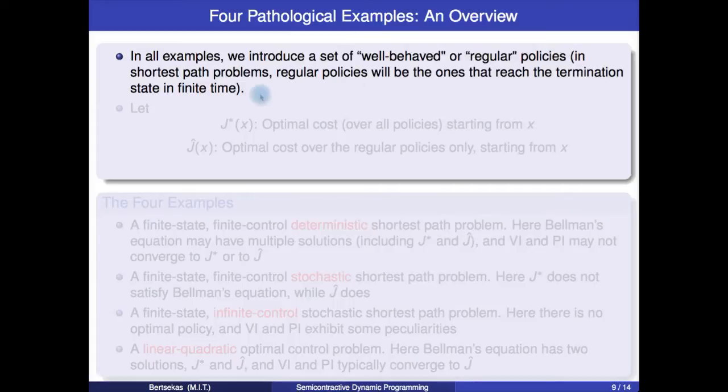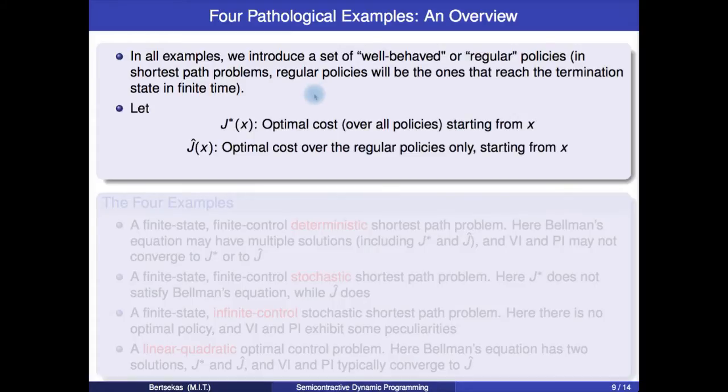In all of these examples, there will be a set of well-behaved or regular policies. For instance, in shortest path problems, the regular policies will be the ones that reach the termination state in finite time.